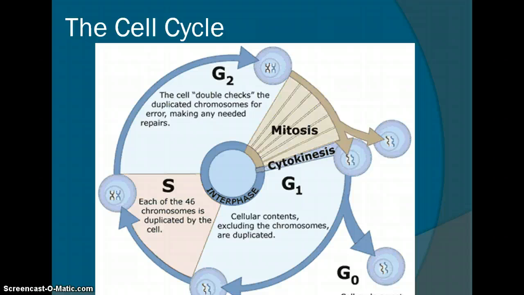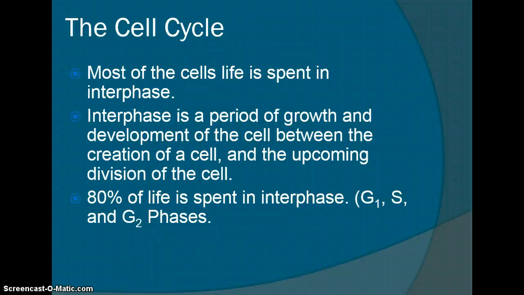Here is a graphic of the entire cell cycle. When we look at cell division, we're going to look at mitosis and cytokinesis, but let's first focus on the rest of the cell cycle. Most of the cell's life is spent in interphase.